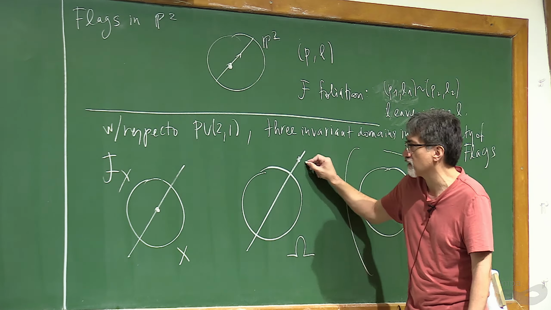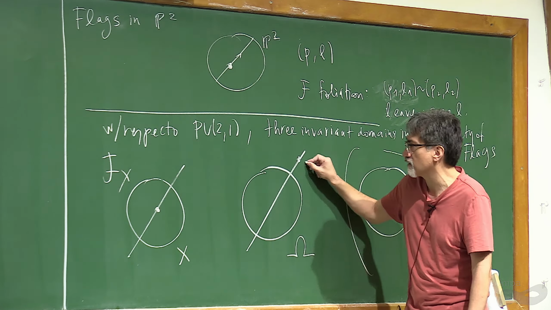And here what I have is a line that intersects the sphere and a point outside. So if I take a point P, L in X, you see, here I'm considering a flag in the space of flags of P2. This is my complex hyperbolic space.